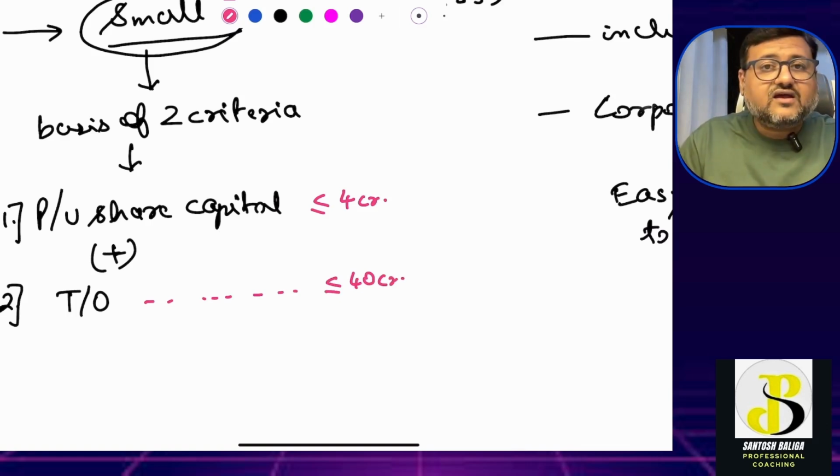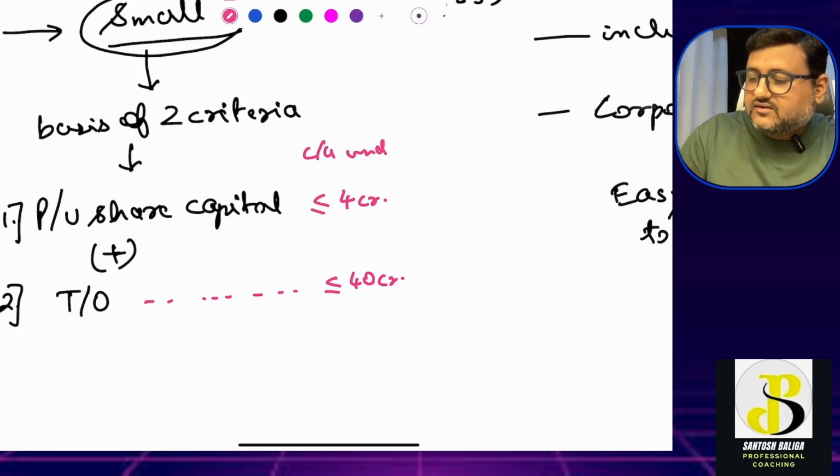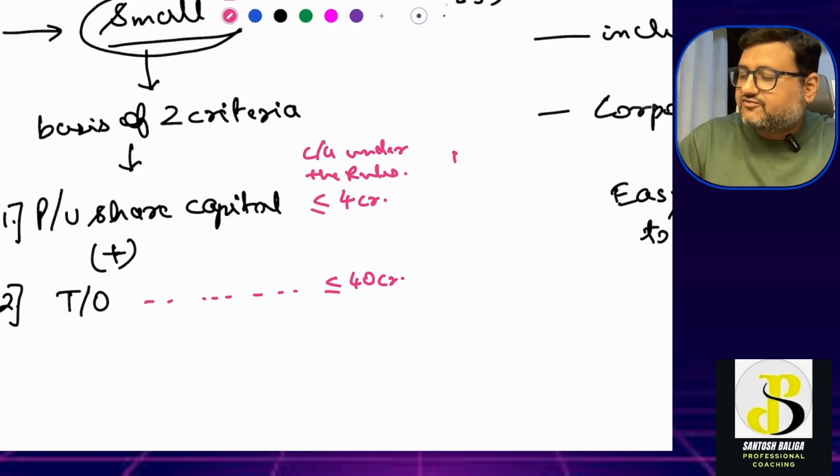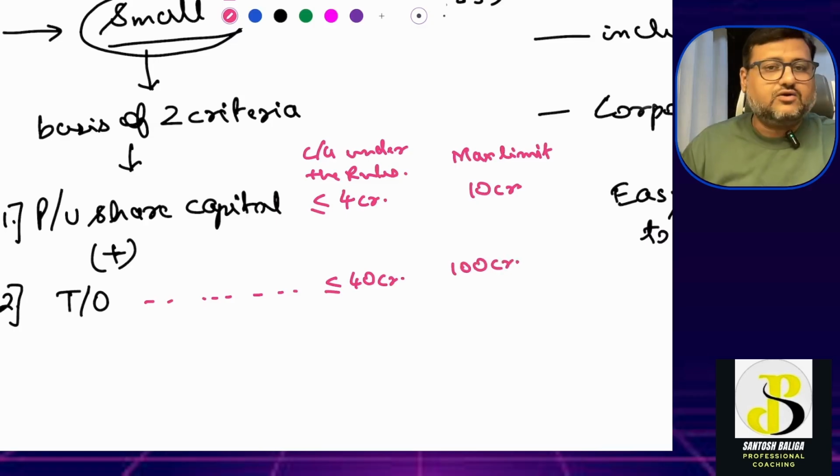Now this is the criteria or threshold which has been provided by central government under the rules. Okay, now as per the act, as per the definition, it is very clear that the central government have a maximum limit of 10 crores of paid up share capital and 100 crores of turnover.